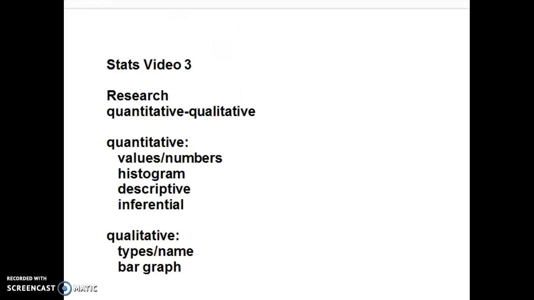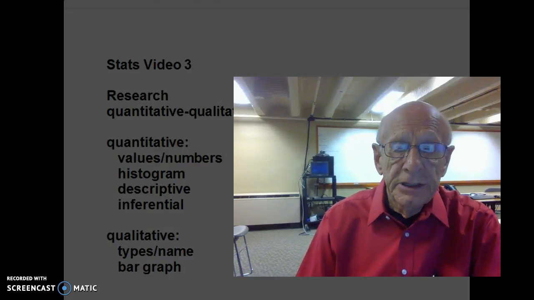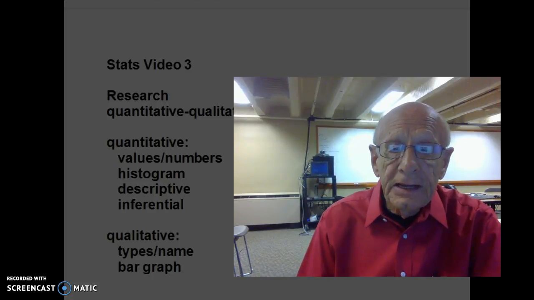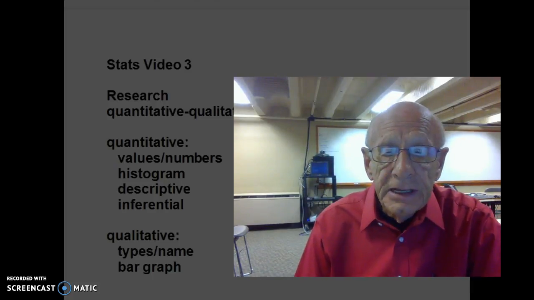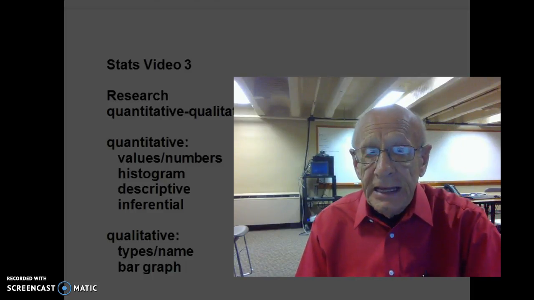And that's basically what it boils down to, allowing for a mistake. So the two overall types of research would be, number one, quantitative, and that involves numbers. Qualitative involves types and names.